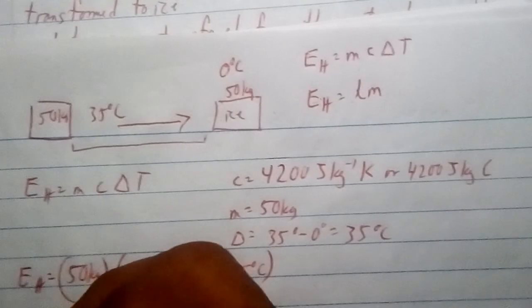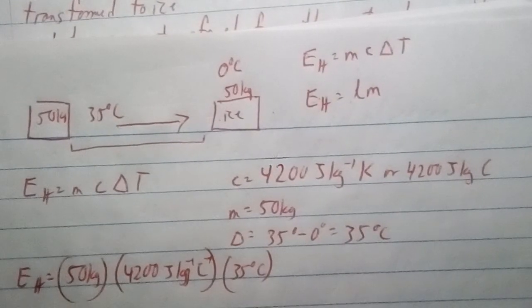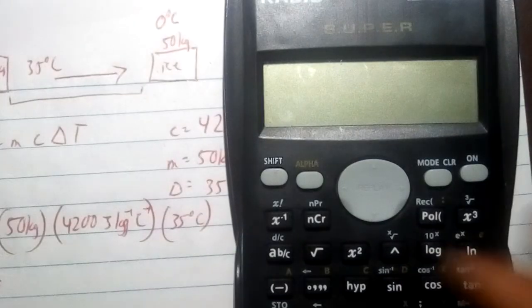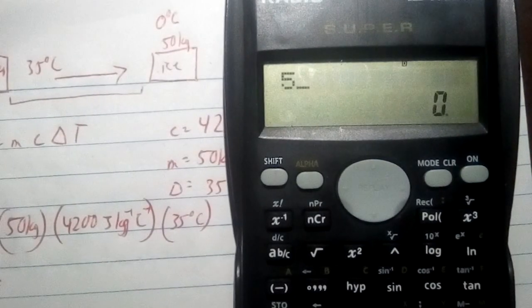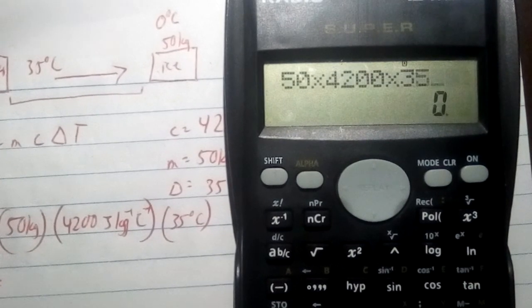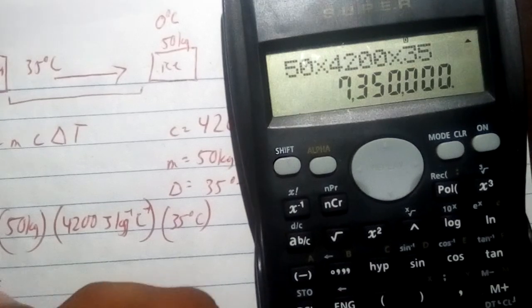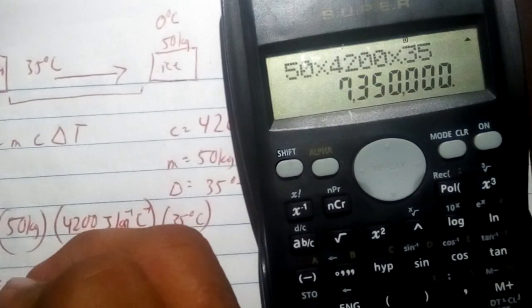So we work that out and we get our solution. You pull the calculator, and we end up with 50 times 4200 times 35. That gave us 7,350,000 joules.